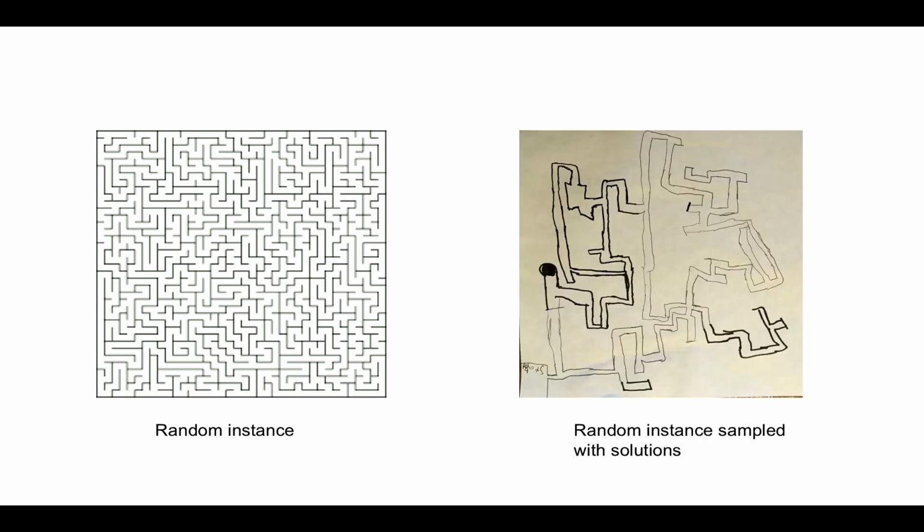So with a picture, maybe random instances look like this, they're very hard. And when I asked my son to draw a labyrinth with a solution, this is what he came up with. As you see, if I come up with an instance with a solution, it becomes much easier to solve intuitively, right?